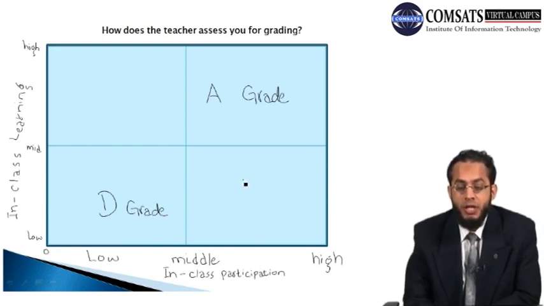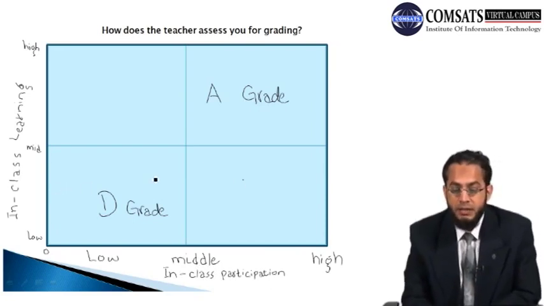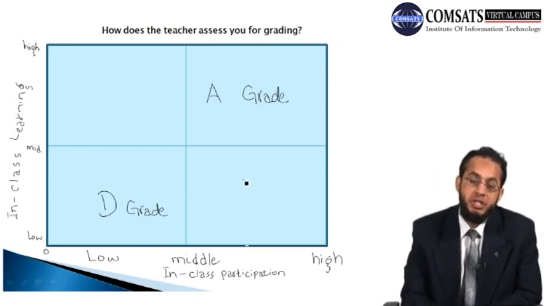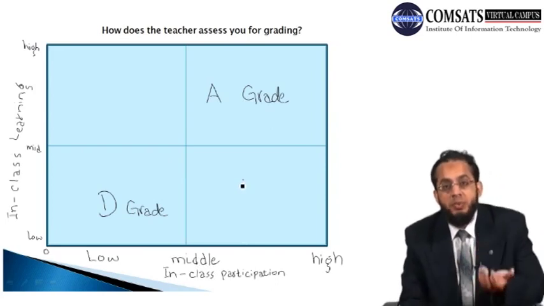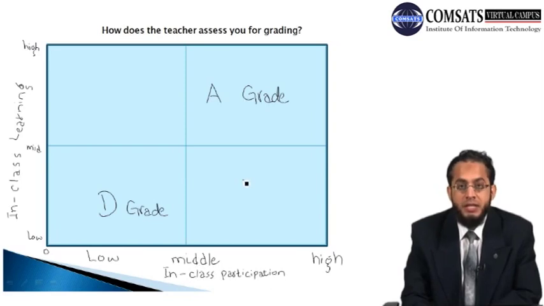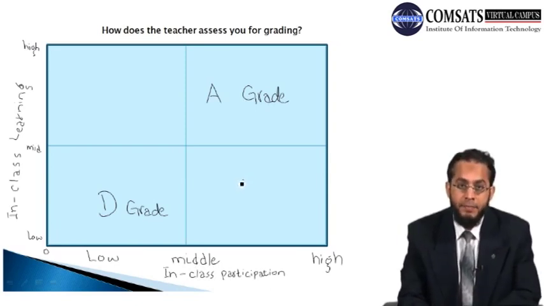Okay, that student is showing little involvement in in-class learning, but the class participation is quite high, meaning he or she might be taking part in the exercises that the teacher initiates, or the questions that the teacher encourages students to ask, or to come up with their observations, remarks or comments.